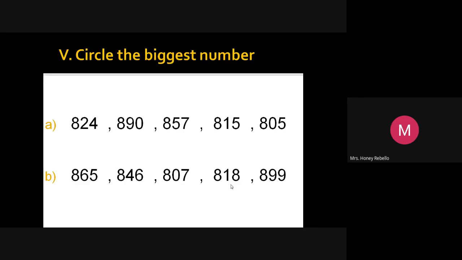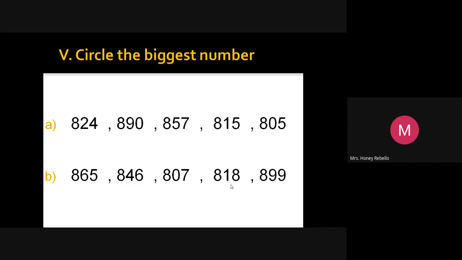Now leave one line. Letter A in your margin. Same numbers are given for, circle the smallest number. So if you want to copy fast, you can copy now or later.